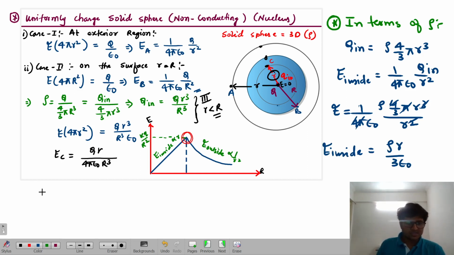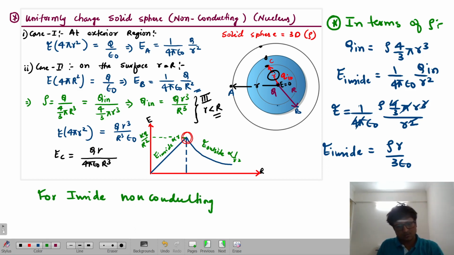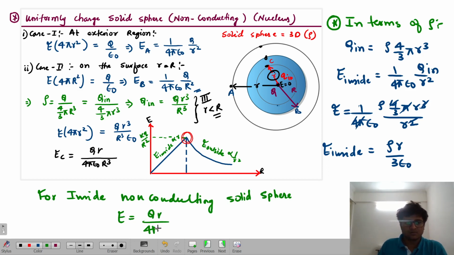So for inside region, remember that for a non-conducting solid sphere, we have E as either QR by 4 pi epsilon naught r cube, or it is also equal to rho r by 3 epsilon naught.